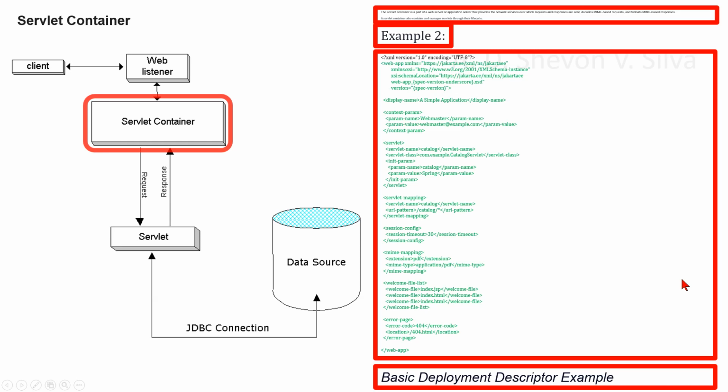Rules for processing the deployment descriptor. In this section, we'll consider some general rules that web containers and developers must note concerning the processing of deployment descriptors for a web application.